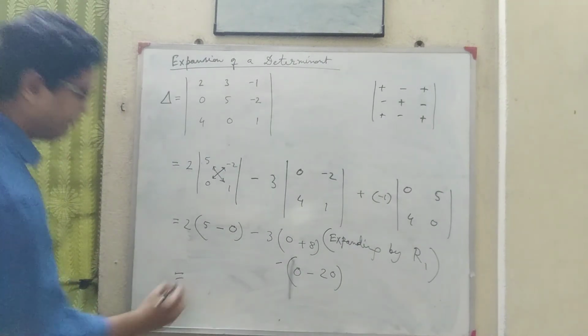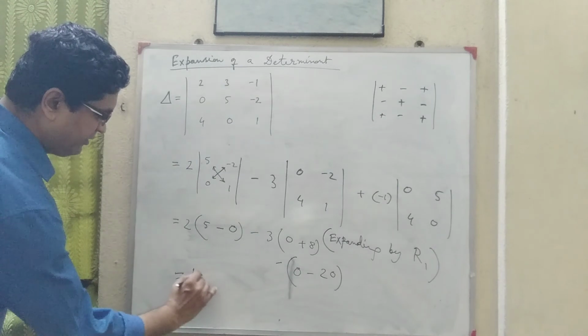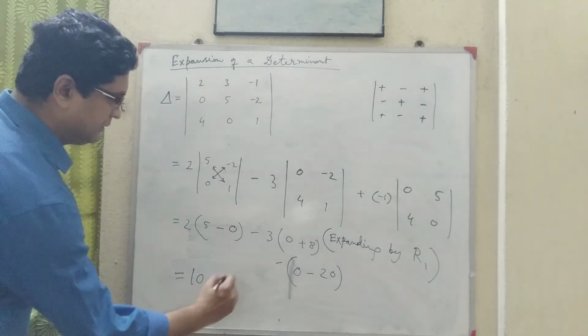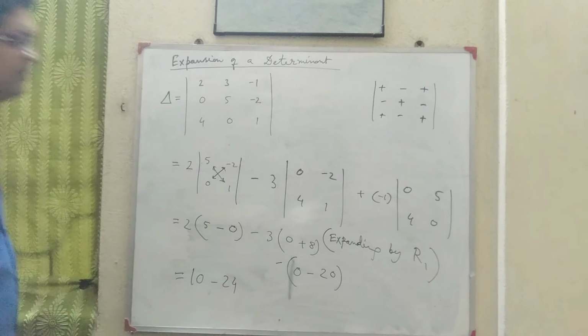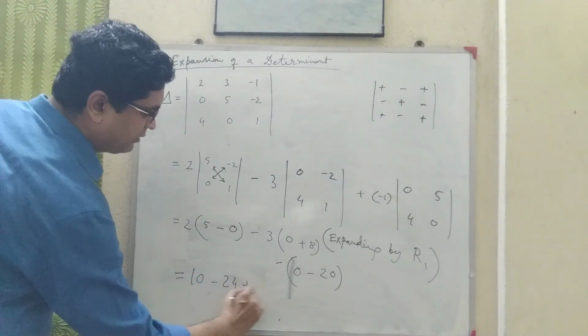So what will be the value? 2 into 5 minus 0 means 2 into 5, 10, 3 into 8 minus 24, minus 20, so plus 20.